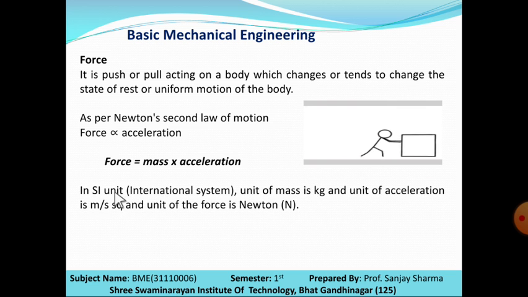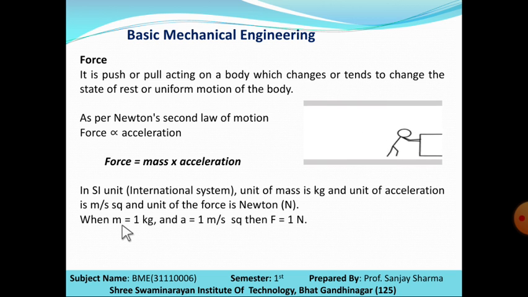In SI units, the unit of mass is kg, the unit of acceleration is meter per second square, and the unit of force is Newton. So when mass is equal to 1 kg and acceleration is 1 meter per second square, then force is equal to 1 unit. It is a unit force required, unit force applied.